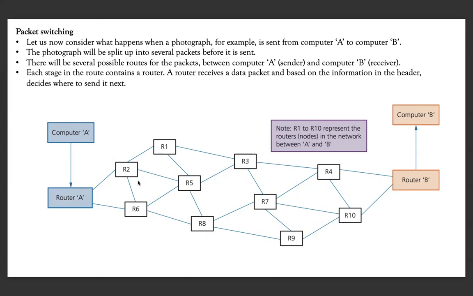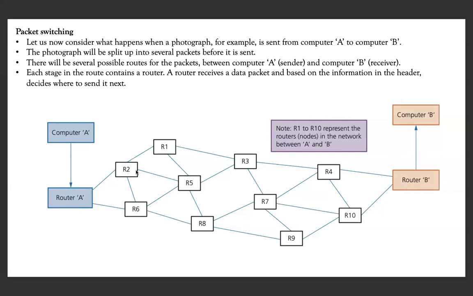I think I've mentioned this before, but these routers seem like a small thing, but actually they are full-fledged computers on their own. They are capable of making complex calculations. And these routers are capable of deciding which is the best possible path from this position to the intended destination of the packet.